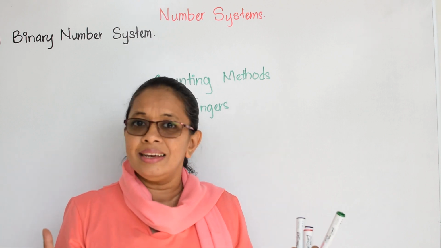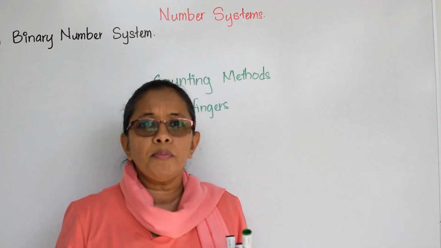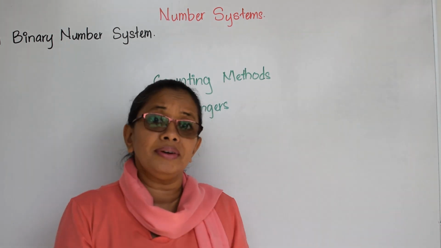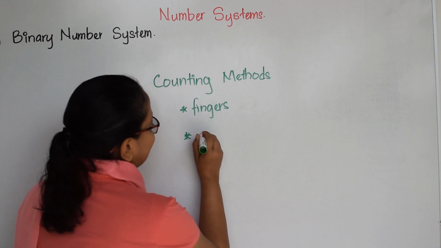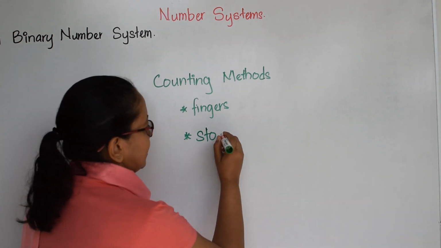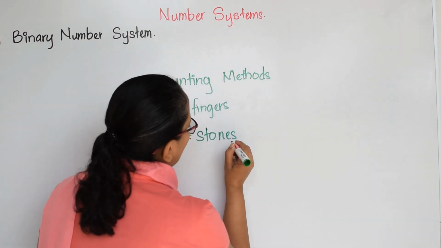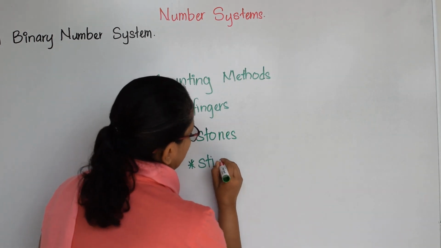They collected a heap of stones and started counting them one by one to denote the numbers they wanted. As well as stones, those who couldn't find stones were using sticks. So they were using many other methods to do this counting.